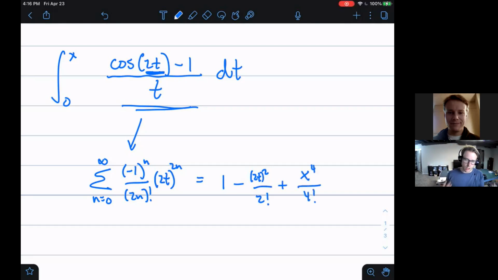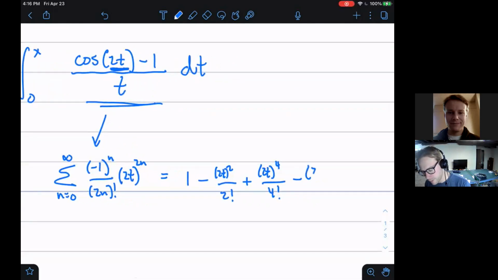So again, you see this alternating piece, and you see the fact that we only have even powers of x, and we only have our even factorials. But again, we're going to have 2t raised to the 4th power. And maybe I'll just do one more here. 2t raised to the 6th power divided by 6 factorial. And again, this will continue on forever. It's an infinite polynomial.